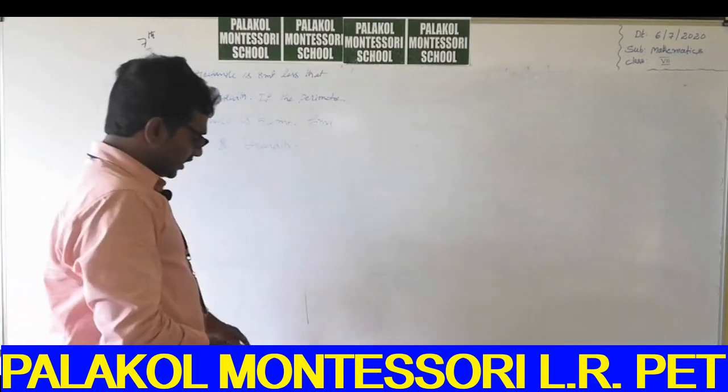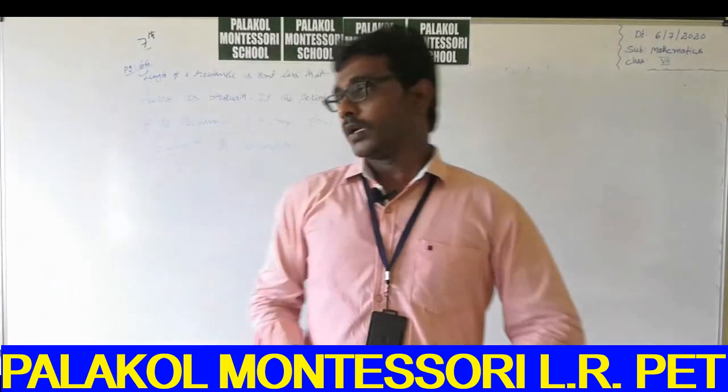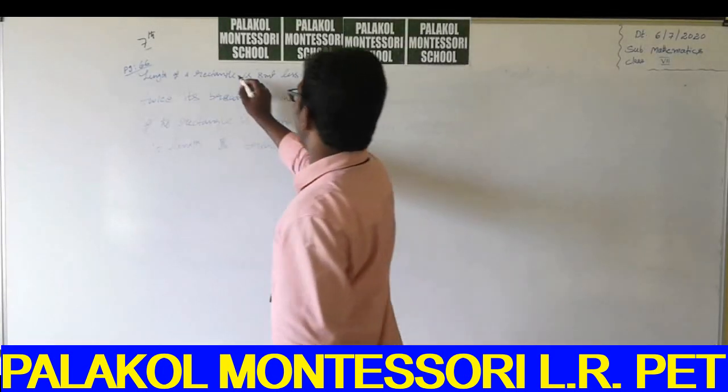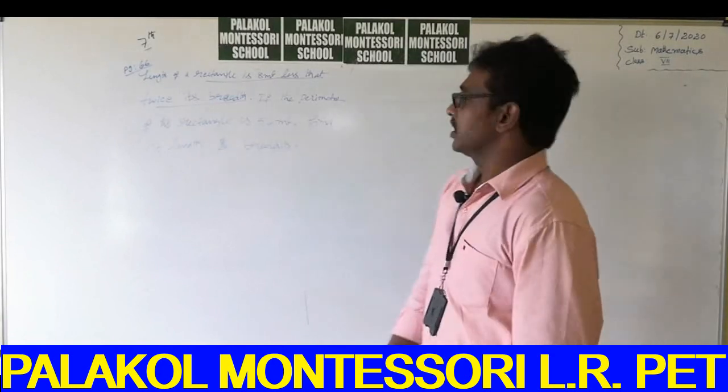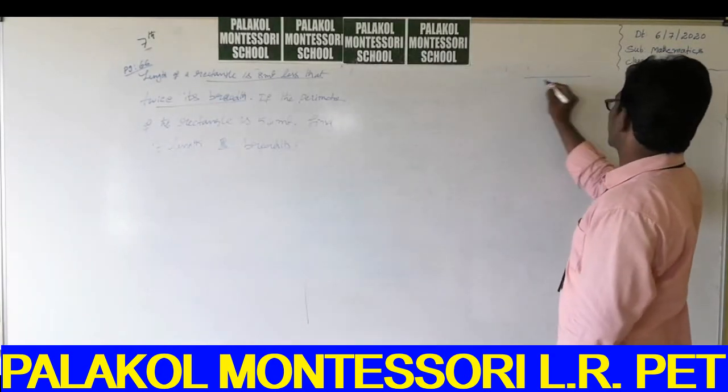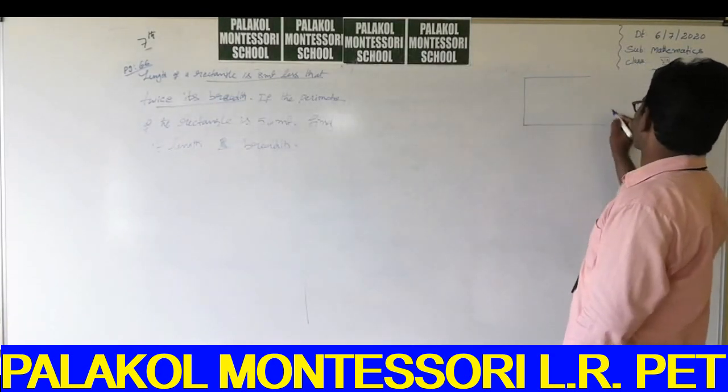Guys, first you study the question. The length of the rectangle is 8 meters less than twice its breadth. So, you know the rectangular shape. This is the rectangular shape.